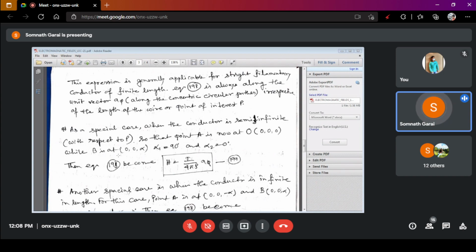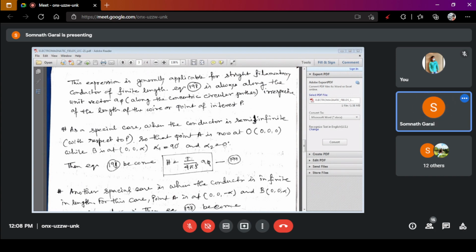Now, if the value goes to infinity, then the alpha 2 angle is approximately 0 degrees. Not exact, but approximately 0 degrees. So this is the semi-infinite case.